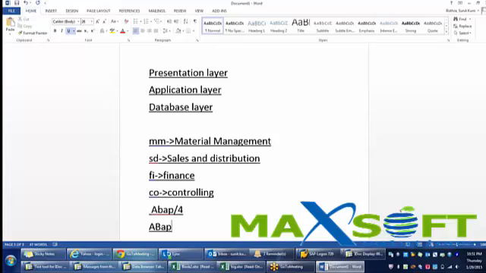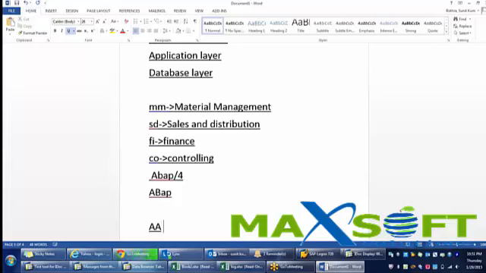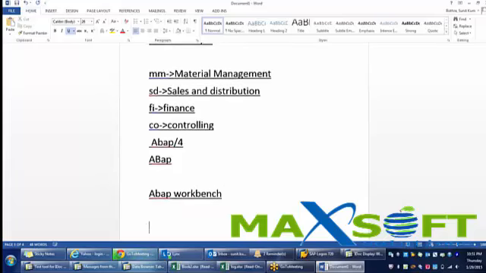Along with the SAP R/3 system, we get an ABAP workbench. This ABAP workbench is basically a platform where you can write ABAP code to create various ABAP applications, or even to modify already existing applications.